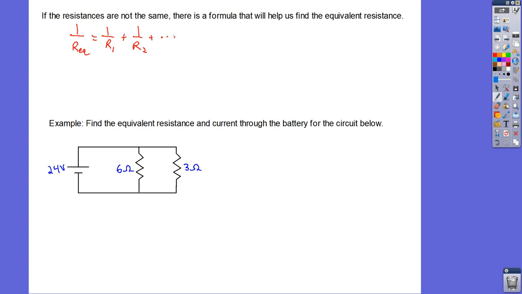Okay, so just to show that that works, let's do our example with 3 12 ohm resistors here. So R1 equals 12, R2 equals 12, and R3 is equal to 12.